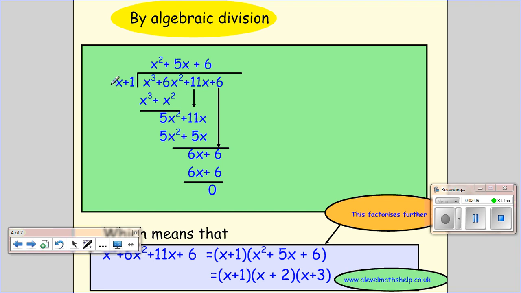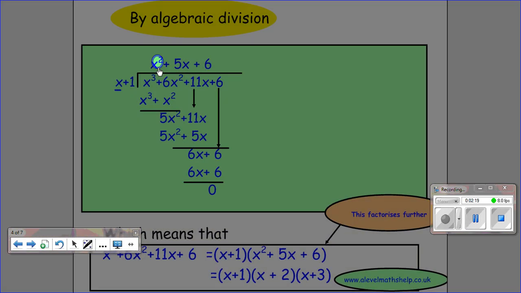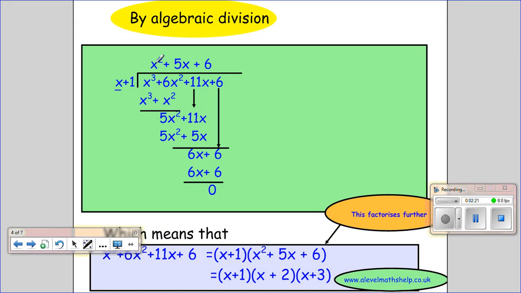So we start with how many times does x plus 1 go into x cubed? We look at our leading term. We want that to become x cubed, and we're at x. So what we do is multiply it by x squared. And so if we take this term here and multiply by x squared, we get x cubed plus x squared. Then we take them away.